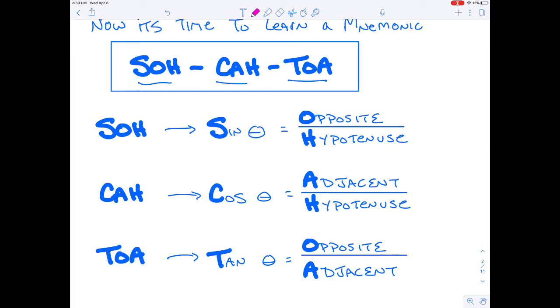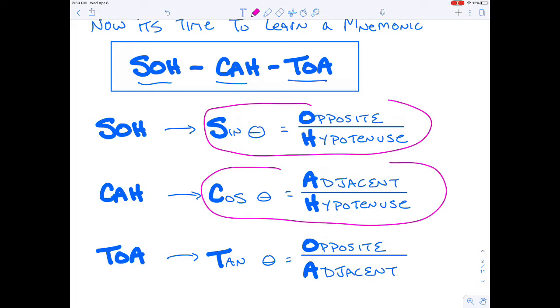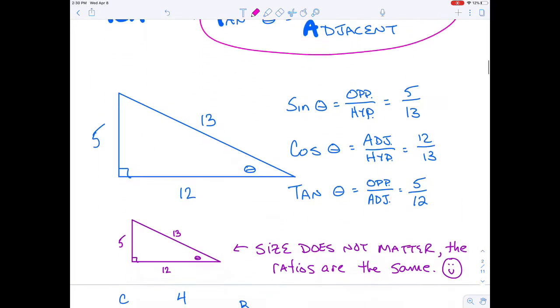Here come those words: opposite and hypotenuse, adjacent and hypotenuse, and opposite and adjacent. If we take the sine, the cosine, or the tangent, we're going to use a calculator for this, by the way, and input a particular angle, we'll end up getting a ratio on the other side. The ratio can be represented as a decimal, or as a fraction. We're going to work on that as we go.